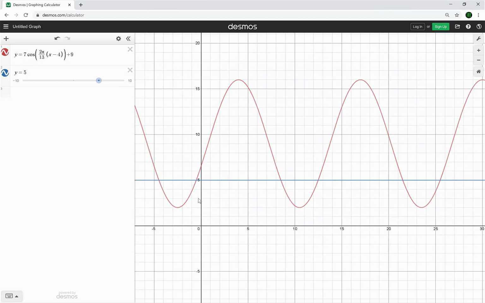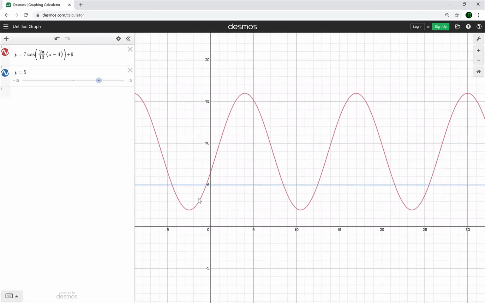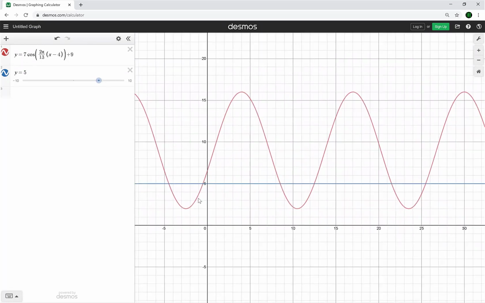You can see the grid. It's counting by 1. And here are the points that you want. So you guys write them down, and then I'll write them down after you. I want the points where they intersect. So write x equals -4.492. You do not have to write the 5.